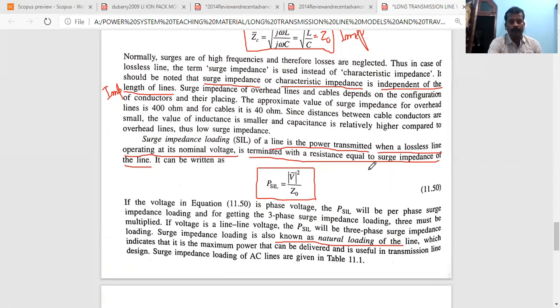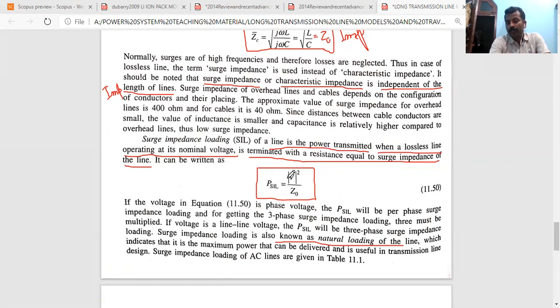If the transmission line is terminated with a resistance equal to the surge impedance of the line, जब ट्रांसमिशन लाइन के एंड पे सर्ज इम्पिडेंस के इक्वल अगर लाइन कनेक्ट कर देते हैं, उस केस में जो पावर ट्रांसफर होता है, उसको हम क्या बोलते हैं, सर्ज इम्पिडेंस लोड। मतलब ऐसा लोड जिसका इम्पिडेंस सर्ज इम्पिडेंस के बराबर है, तो उस केस में जो पावर ट्रांसफर होता है उसे सर्ज इम्पिडेंस लोडिंग बोलते हैं.